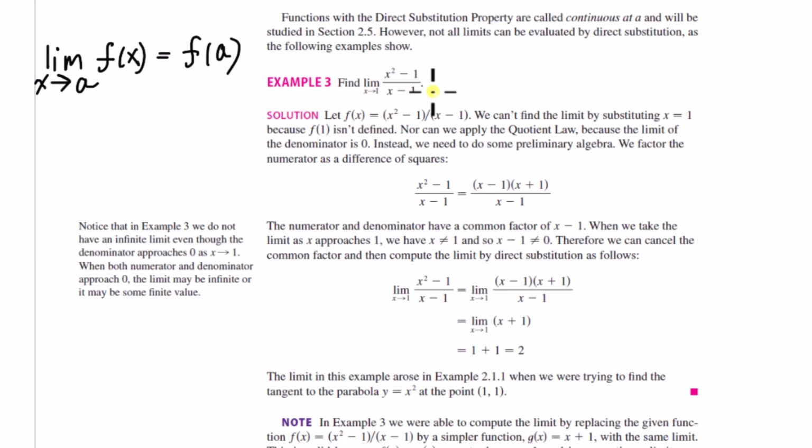So again, the denominator needs to be approaching 0 in order for the output value to be ballooning to positive or negative infinity, but you can't also at the same time have the numerator ballooning to positive or negative infinity or approaching 0.